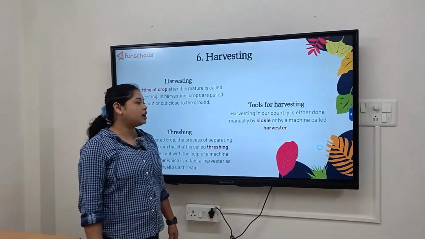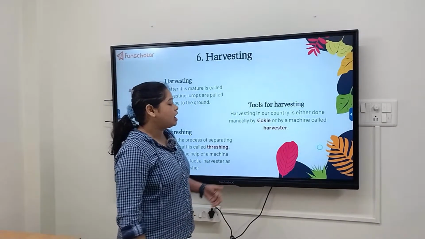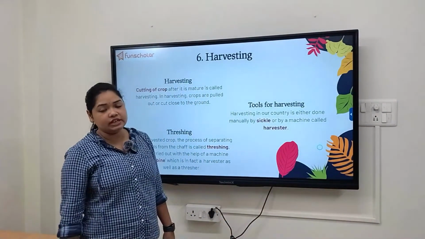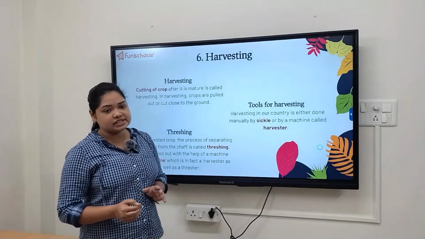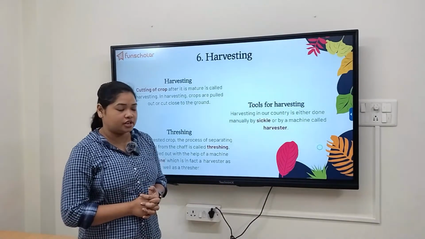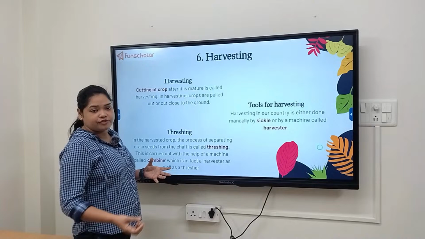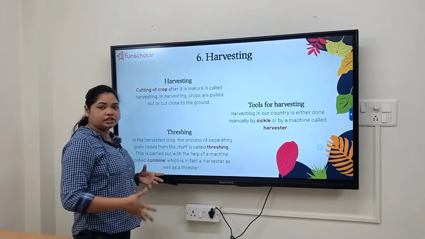In case of a harvester, it only harvests the crop from the field, and in case of a combine, it is a harvester as well as a thresher. Threshing means separating the grains from the stalks of the crop.